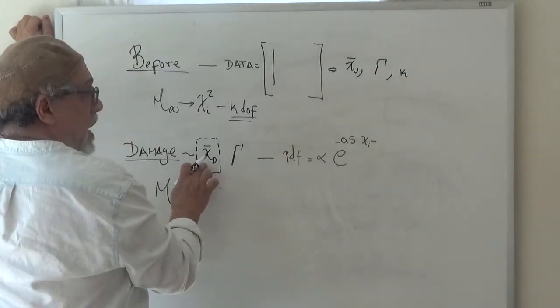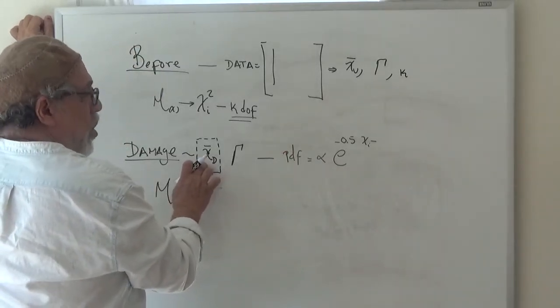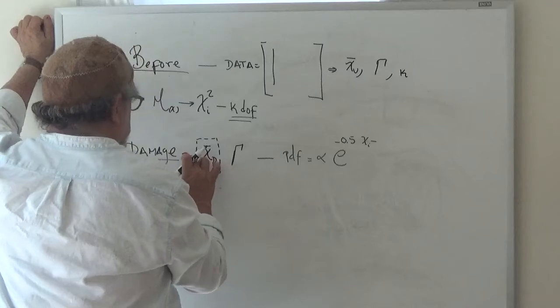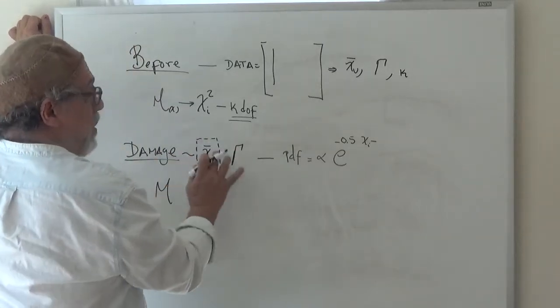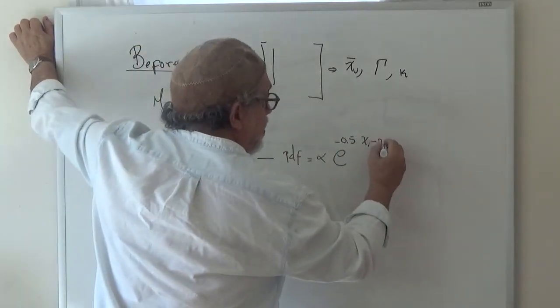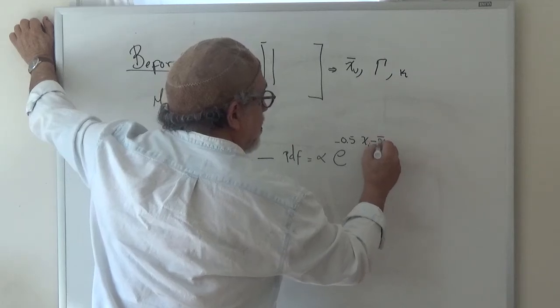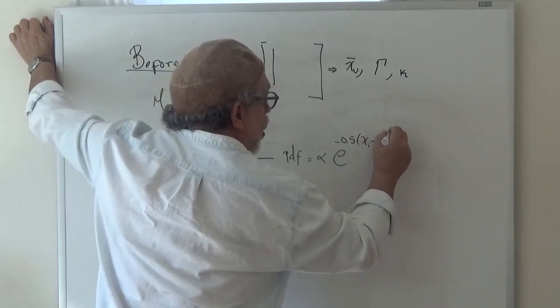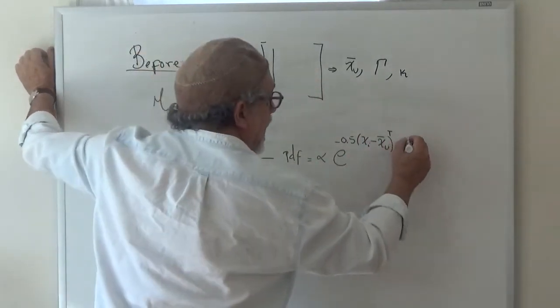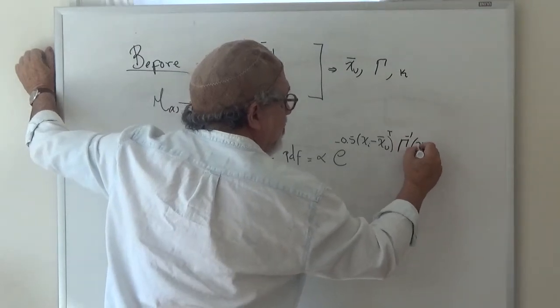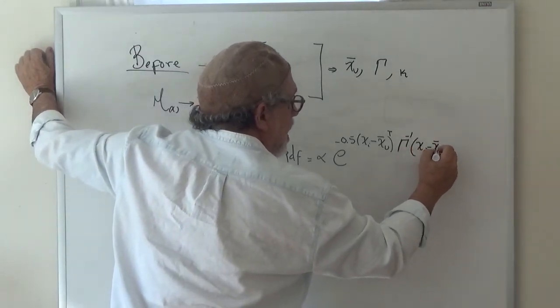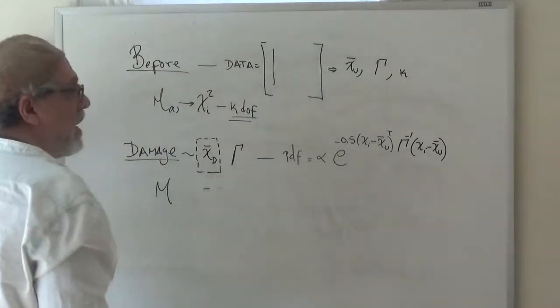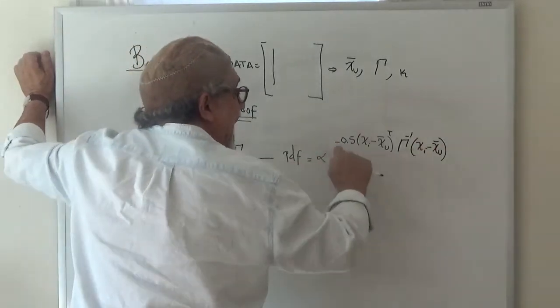Minus its own mean. But I'm not interested in computing this minus its own mean because I don't know the mean of this distribution. What I'm interested in is what happens if I subtract the mean of the old distribution. And so we look at this situation, right? What if I look at that?